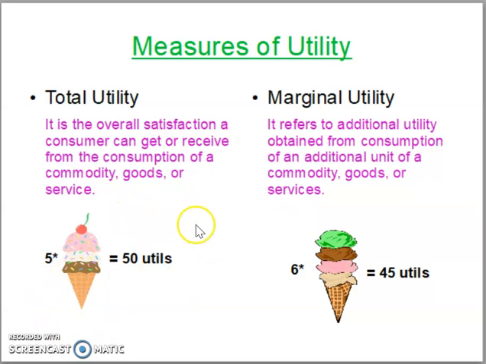Let's talk about a child who loves ice cream. Here the utility for 5 ice creams will be 50 utils, and the utility for 6 ice creams will be 45 utils. So why are these utils decreasing when the number of ice creams is increasing?